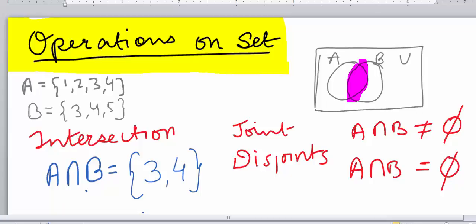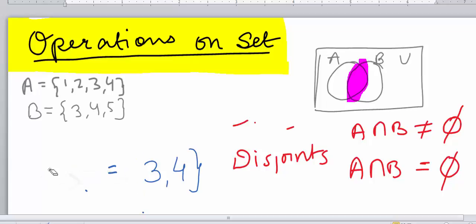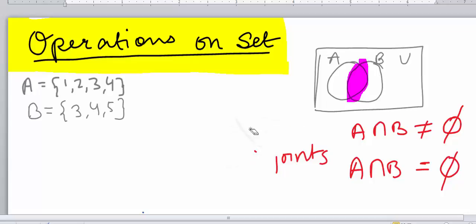Okay, now let's move further. We have seen two operations on sets, that is union and intersection.